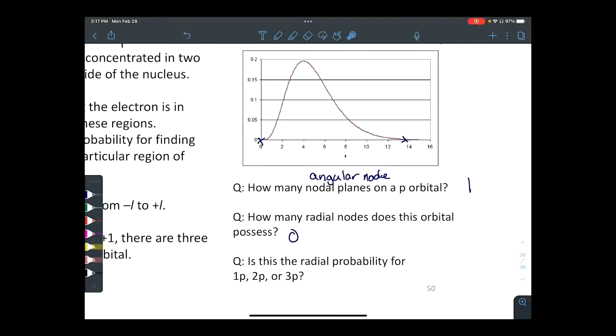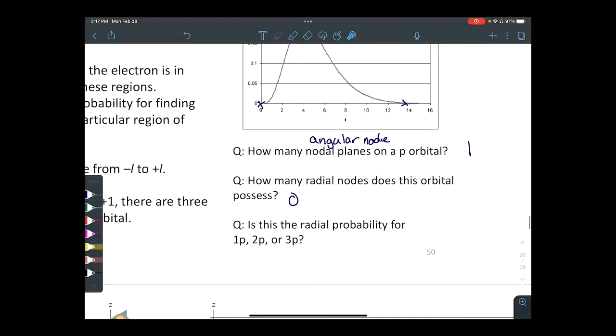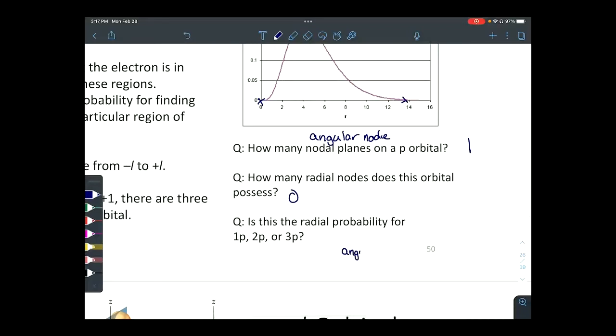Discuss it. Why don't you think about it and then discuss it? And remember those 2 equations. Angular nodes equals L, and then radial nodes equals n minus L minus 1. So is it 1p, 2p, or 3p?